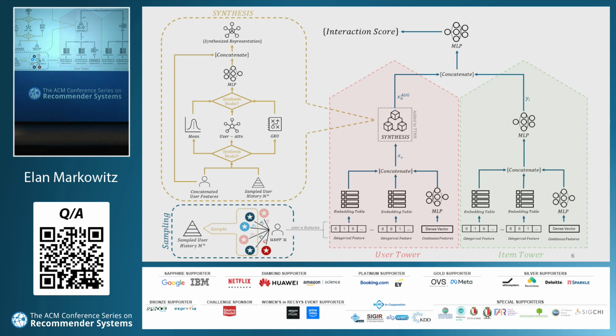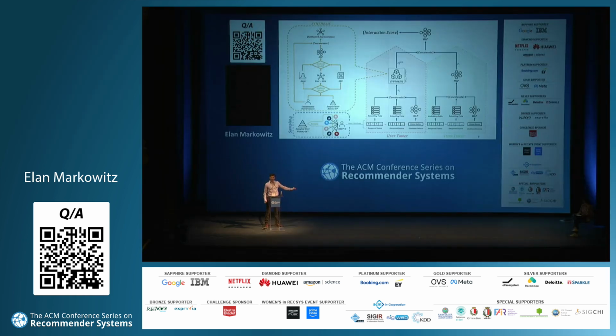I should have mentioned that those item representations are the same as from the item encoding tower. So we take the item representation and aggregate them into the user embedding as either a mean, with an attention layer, or a GRU, a gated recurrent unit.